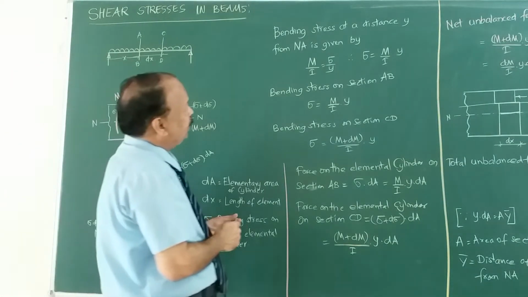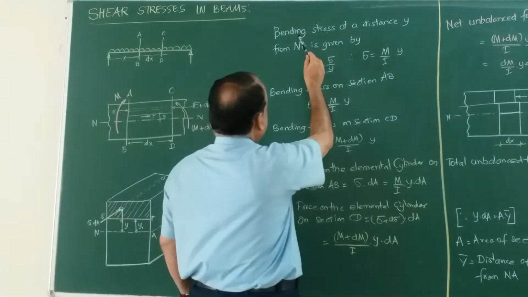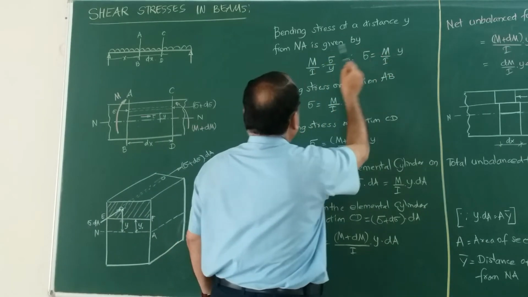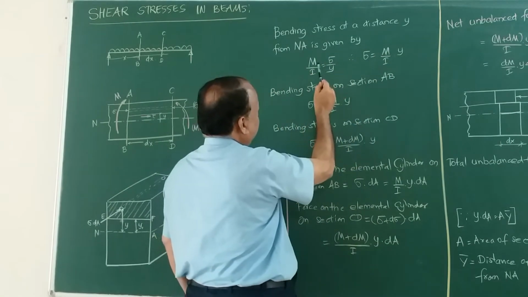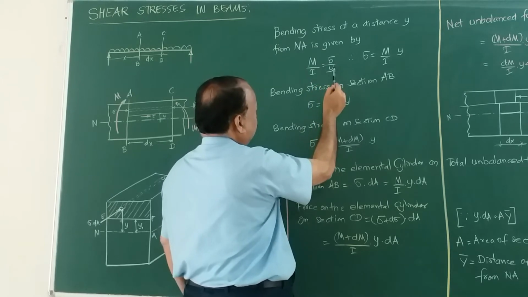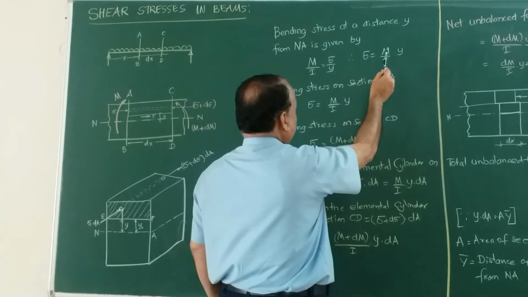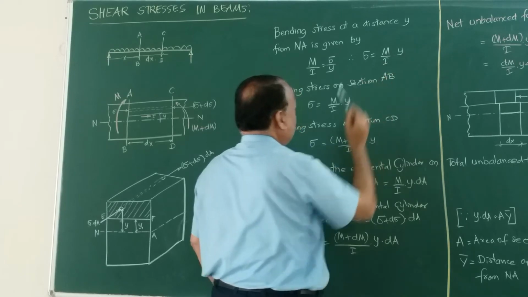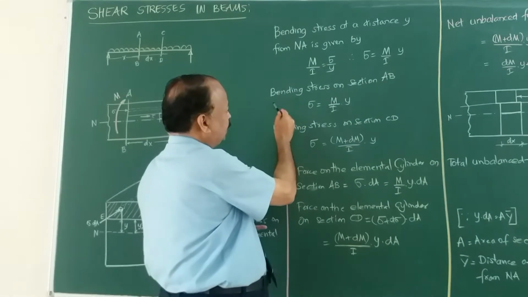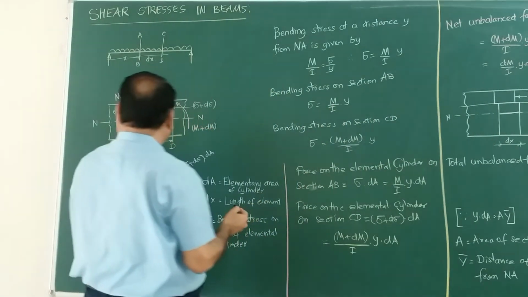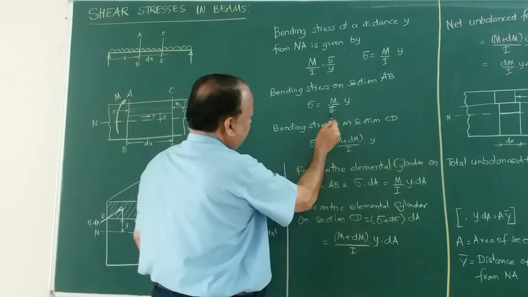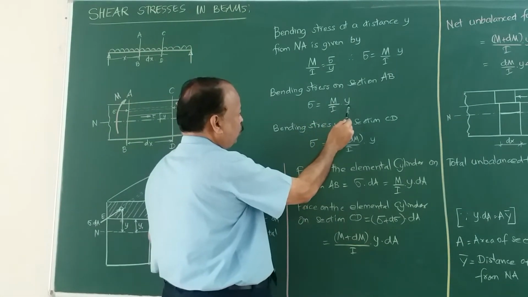Let us see what stresses are developed. Bending stress at a distance y from the neutral axis is given by M by I equals sigma by y. That is, sigma is equal to M by I into y. So the bending stress on section AB, the first section, will be sigma equal to M by I into y.